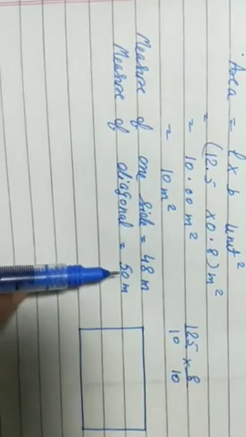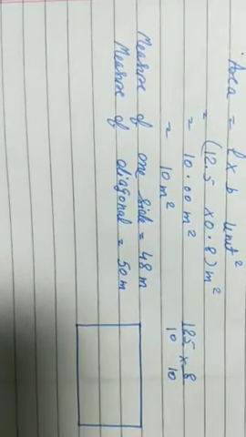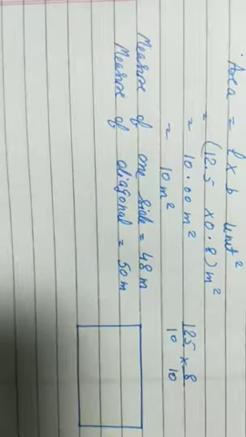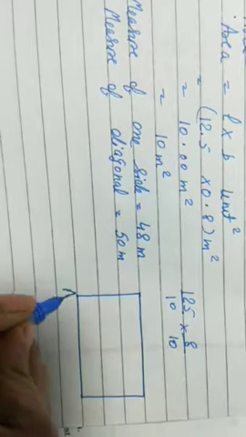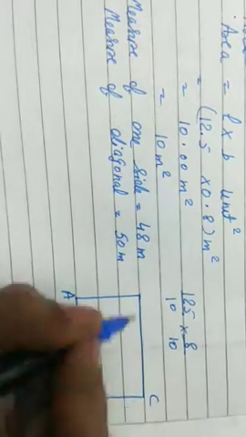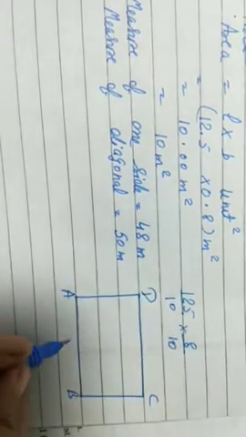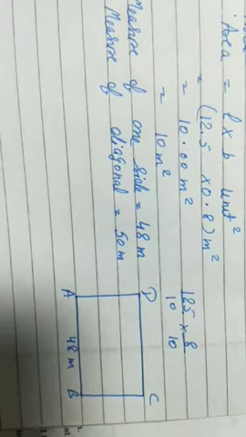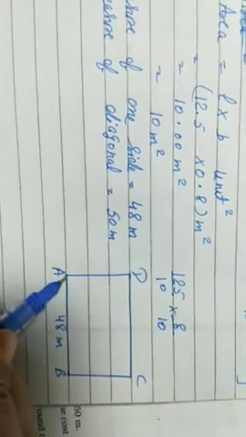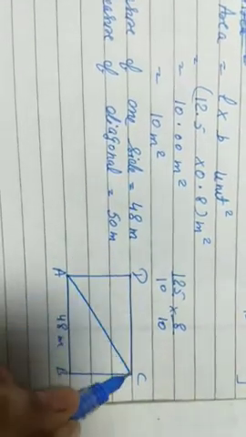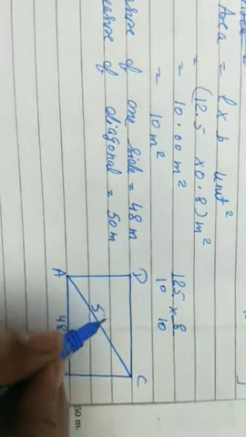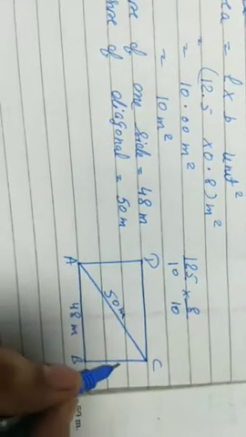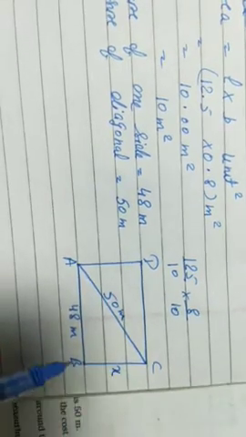Okay class, now have a look at the next question. In the second question, we have been given the measure of one side and one diagonal of a rectangle. We have to find out the other side. Let us consider this one ABCD as rectangle ABCD. Let AB be equal to 48 meter, which is given, and because both diagonals are of the same measure, let diagonal AC measure 50 meter. We have to find out the other side.